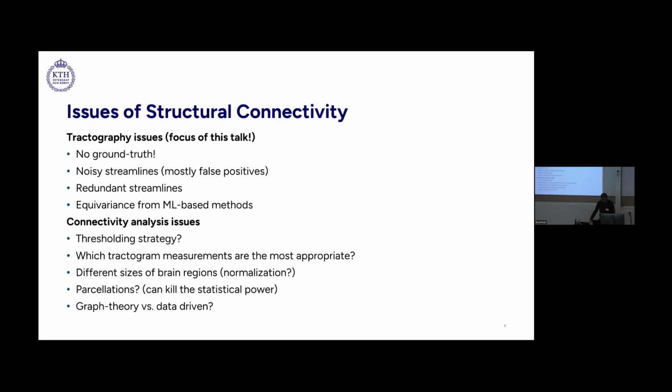You also have problems of regions of different sizes, so you need to come up with a good way to normalize the creation of the graph. And then you have thousands of different parcellations, so which is the best one? It's a problem. And then you don't have enough subjects, and then you can kill the statistical power. And then you have graph theory or data-driven approaches, so what is best is an open question. But I will talk more about the tractography issues in this talk.